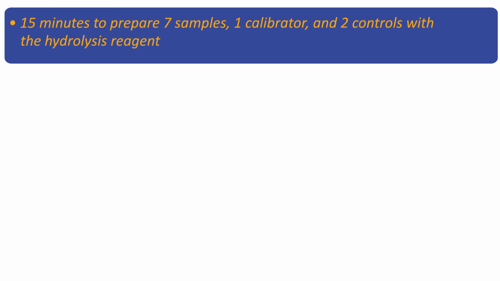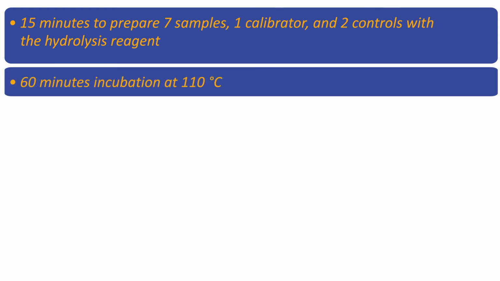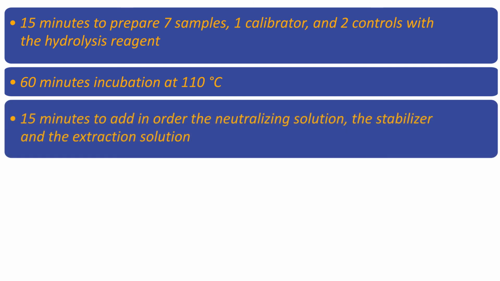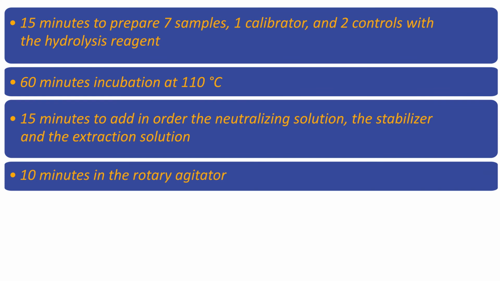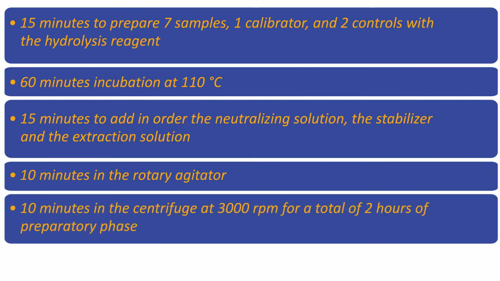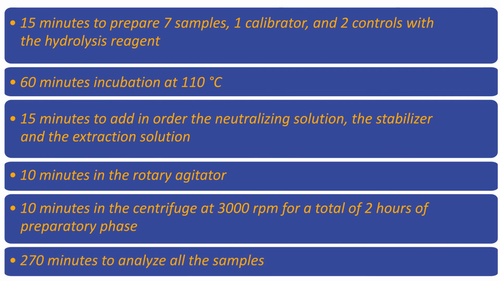The time taken for this analysis is as follows: 15 minutes to prepare 7 samples, 1 calibrator, and 2 controls with the hydrolysis reagent, 60 minutes incubation at 110 degrees Celsius, 50 minutes to add in order the neutralization solution, the stabilizer and extraction solution, 10 minutes in the rotary agitator, 10 minutes in the centrifuge at 3000 rpm, for a total of 2 hours of preparatory phases, and 270 minutes to analyze all the samples.